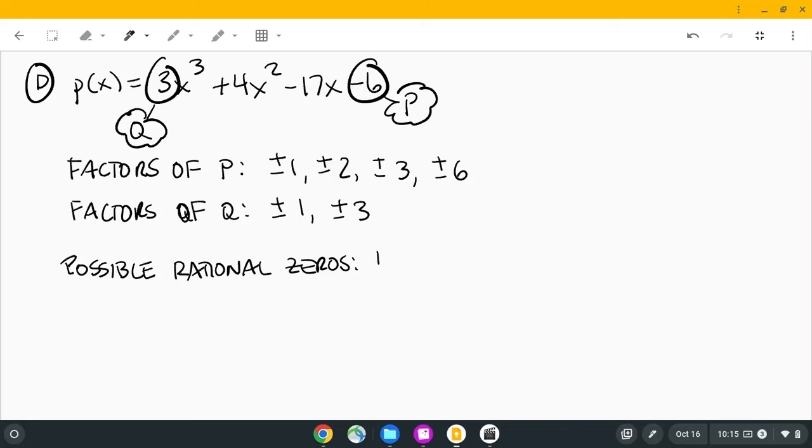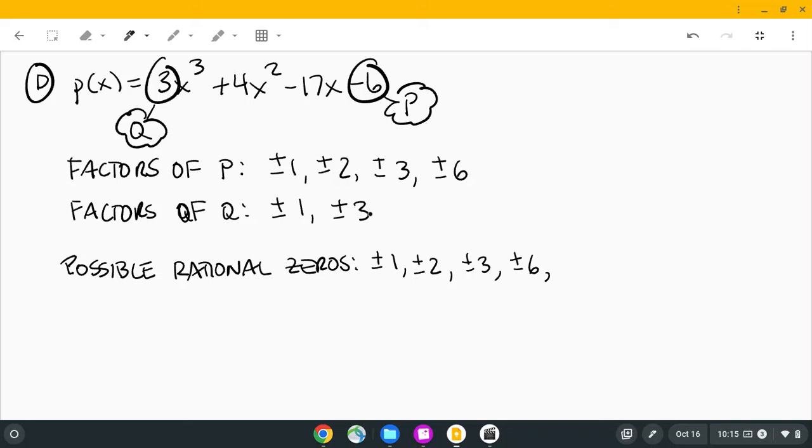Plus minus 1 over 1 is just 1. Plus minus 2 over 1, that's just plus minus 2. Plus minus 3 over 1, that is just plus minus 3. And then plus minus 6 over 1, that's just 6. Now I have to do all of them over 3.